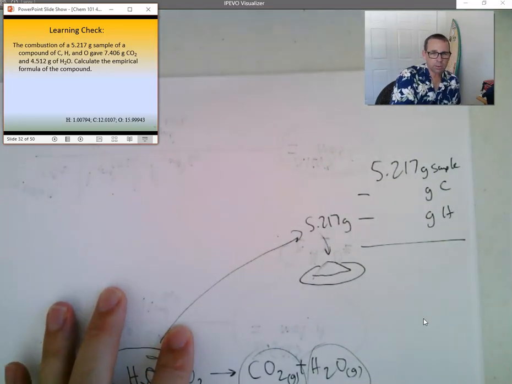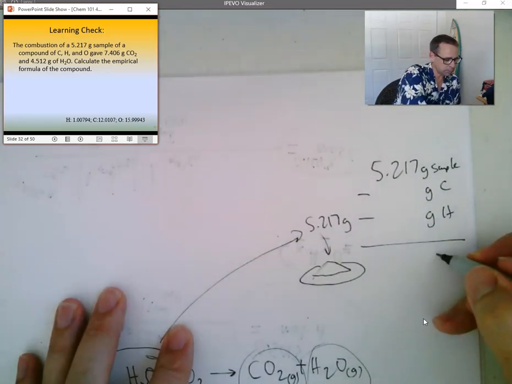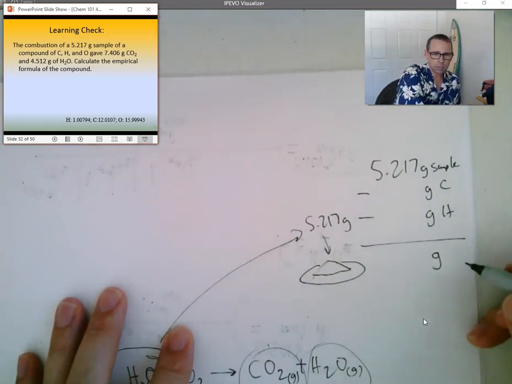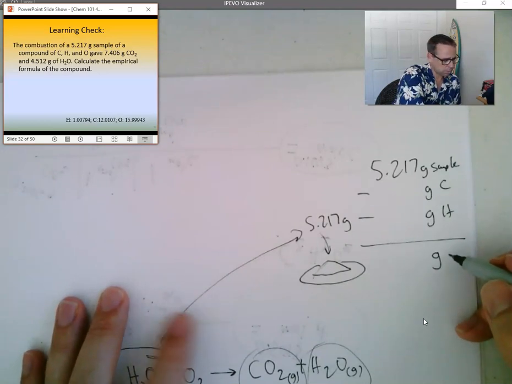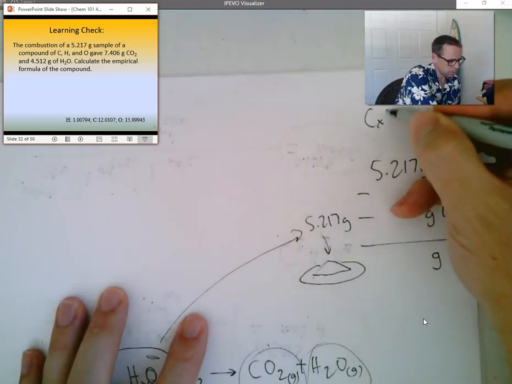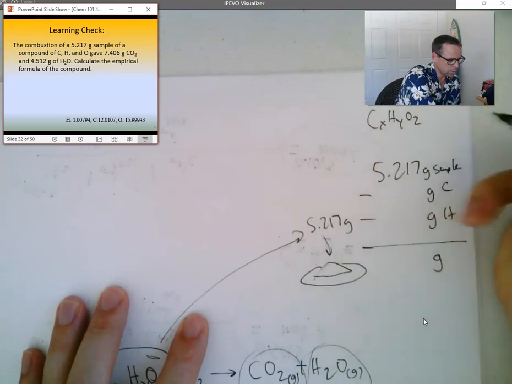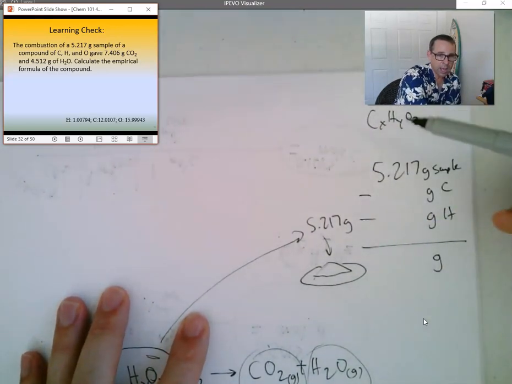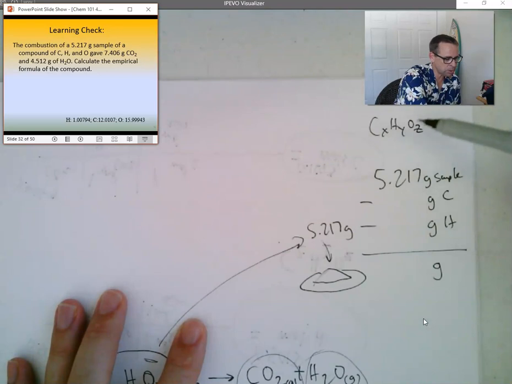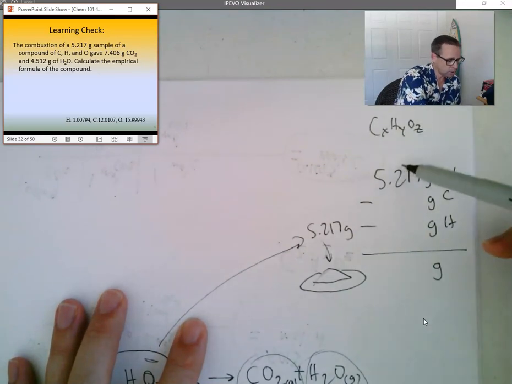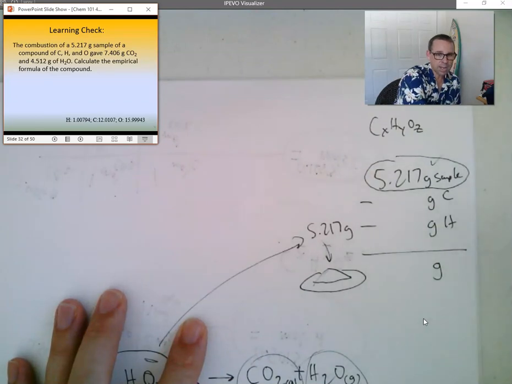And if I do that, what should be left over? If I have a sample that contains carbon, hydrogen, and oxygen, and it has a total mass of 5.217, and from that total mass I subtract my grams of carbon and my grams of hydrogen, all that's going to be left over is the grams of oxygen.